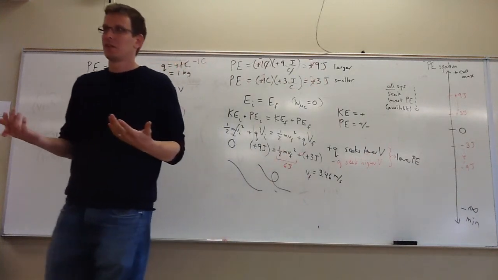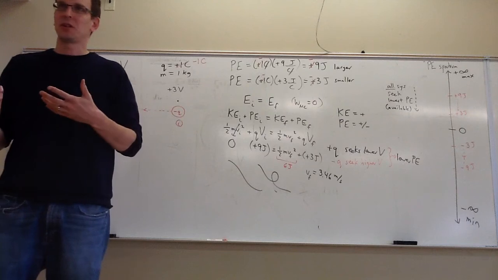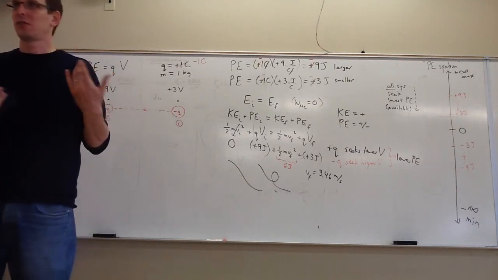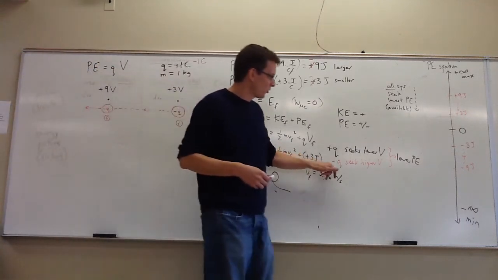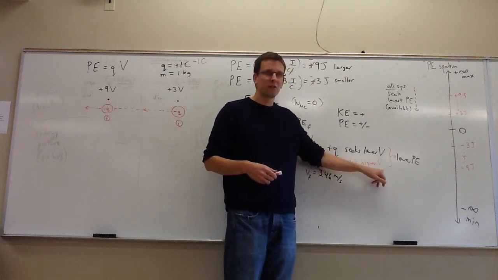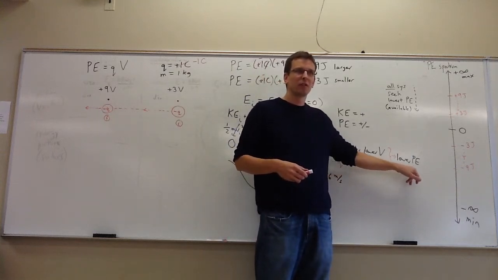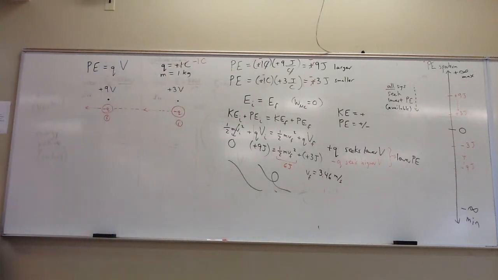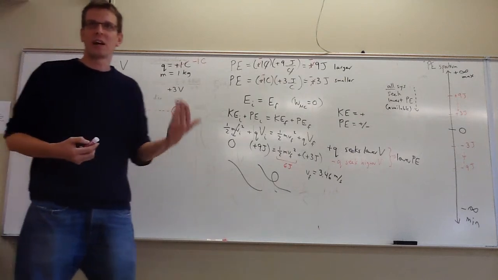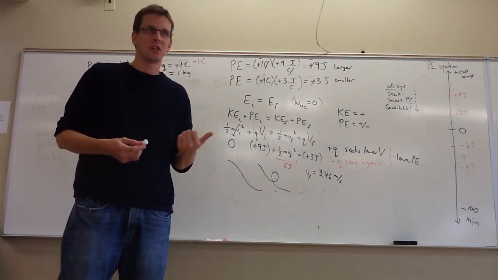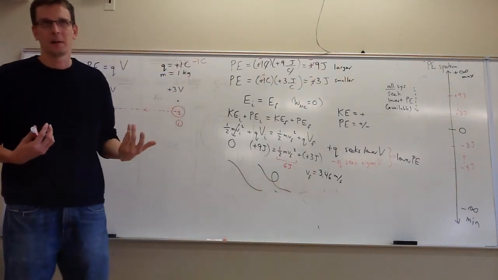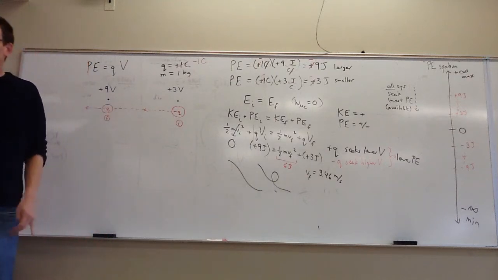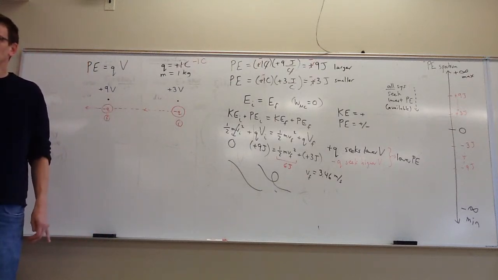I didn't, it's just that electric potential energy and electric potential sound so similar. Minus charges seek higher electric potential to get to lower electric potential energy. So you can see why I use voltage. If you're talking about a minus charge seeking higher voltage and lower potential energy, there's nothing contradictory about that. Does that make sense? Sort of?